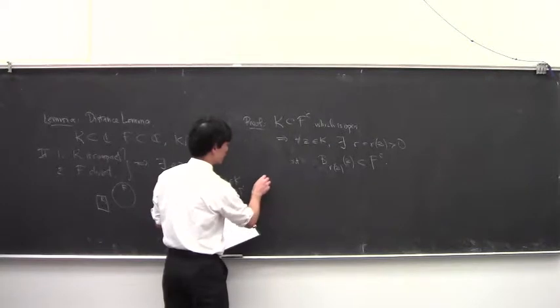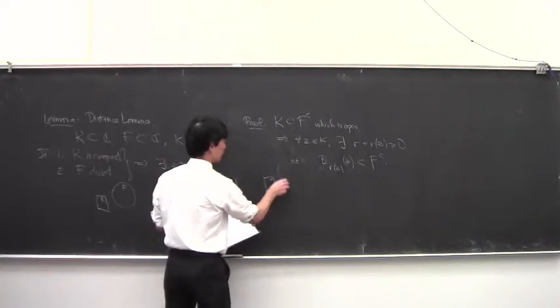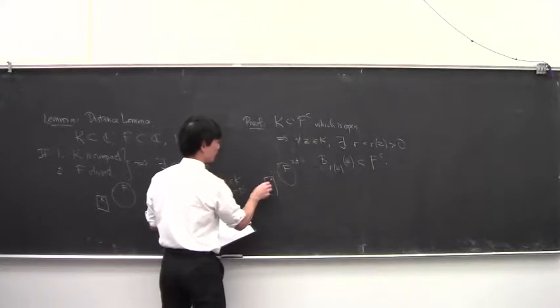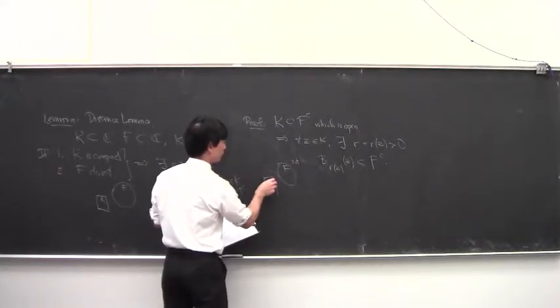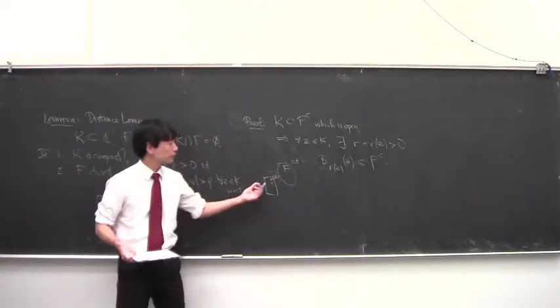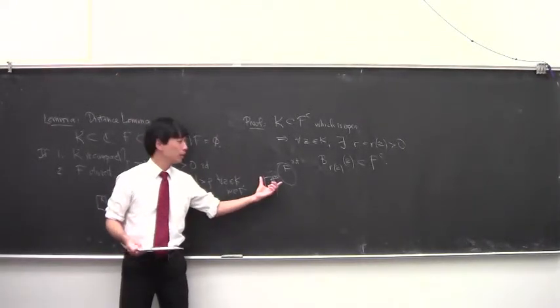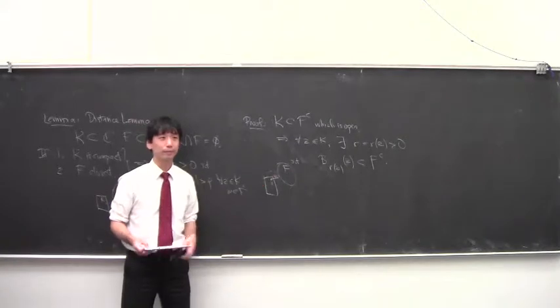That's just what we were saying. For each point z, we know there's some radius r_z so that the ball doesn't intersect F.